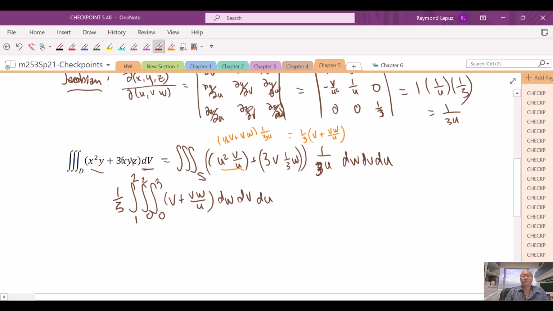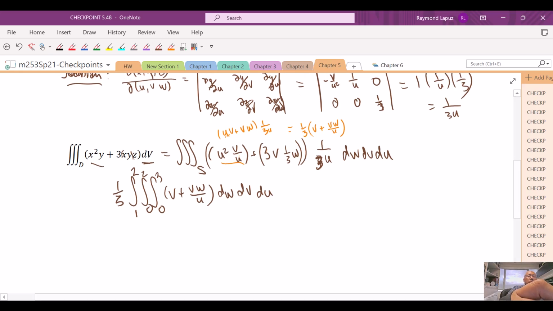All right, let's do this piece by piece. The innermost integral with respect to w. So this is going to be vw plus, now this is w squared over 2, so it's vw squared over 2u, and we're going to evaluate w from 0 to 3.